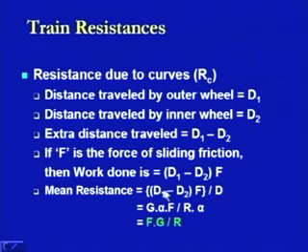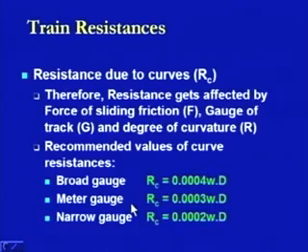And if we convert these diameters with respect to the angle, the gauge and the radius, the final value is F multiplied with G divided by R. So this mean resistance F into G divided by R says that the resistance gets affected by the force of the sliding friction, the gauge of the track, and the degree of curvature.